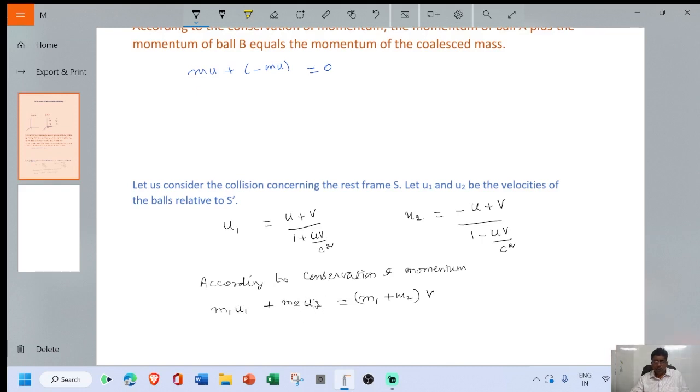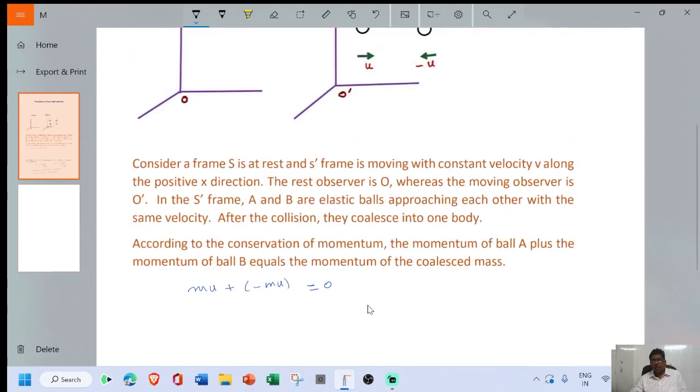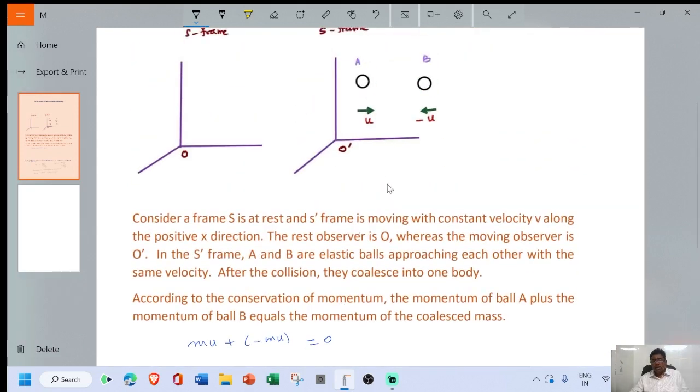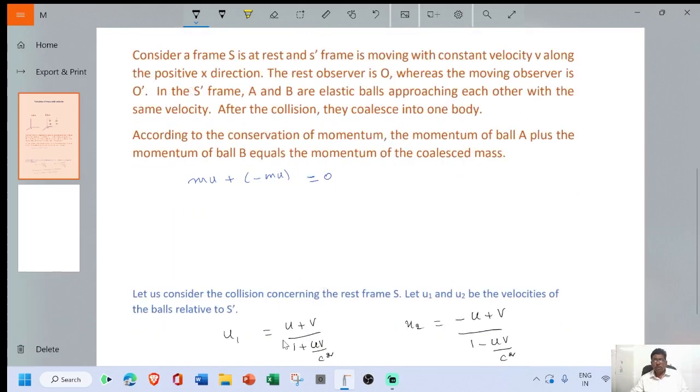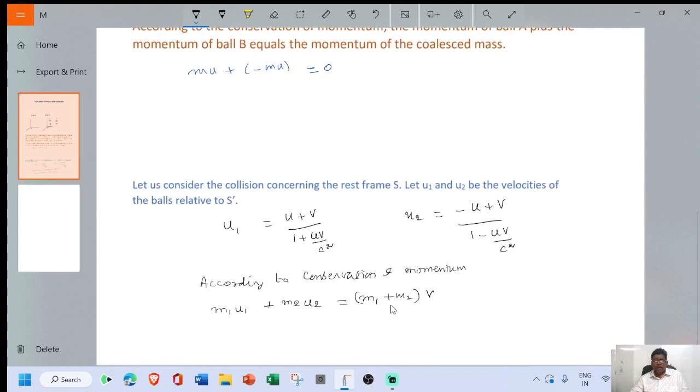After the collision, the reduced ball is at rest for the observer O dash, whereas for the observer O, the reduced ball is moving with velocity v. So you keep this as equation 1.